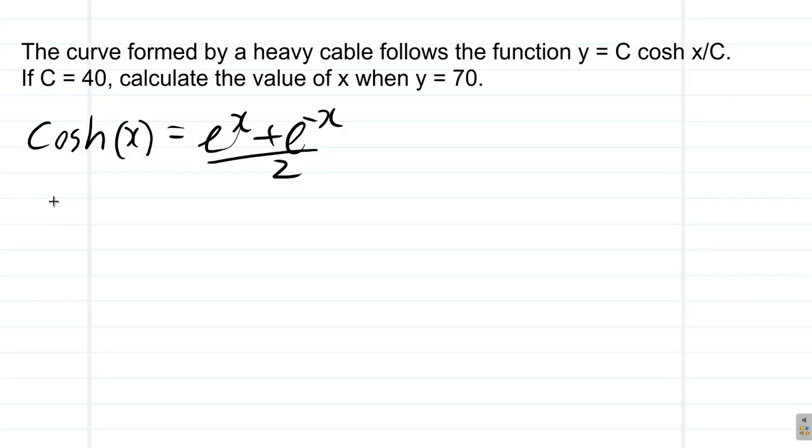Now, here, you would say 70, which is y, is equal to C, which is 40, hyperbolic cosine of x over 40.